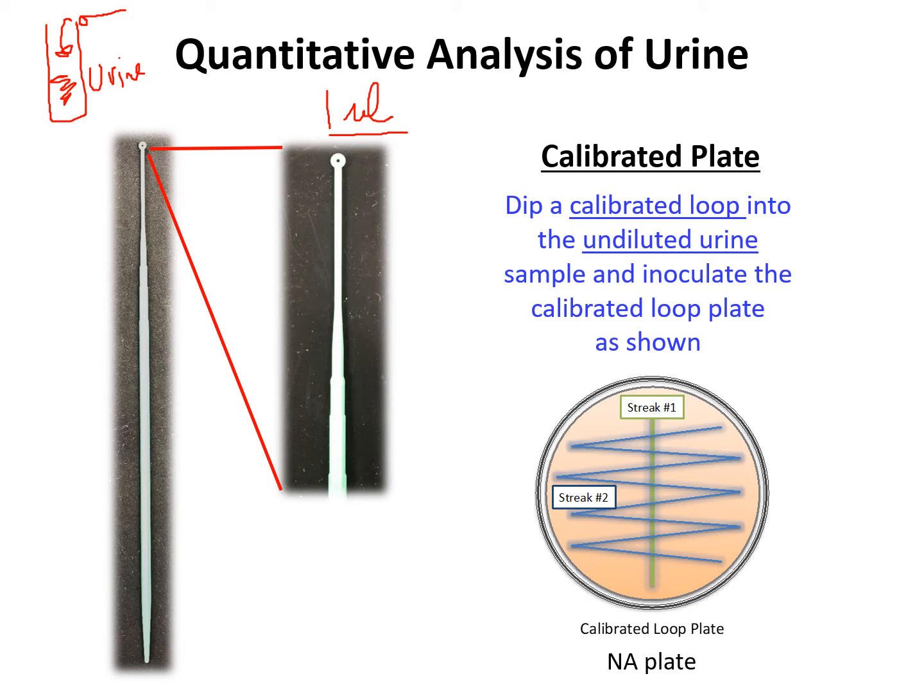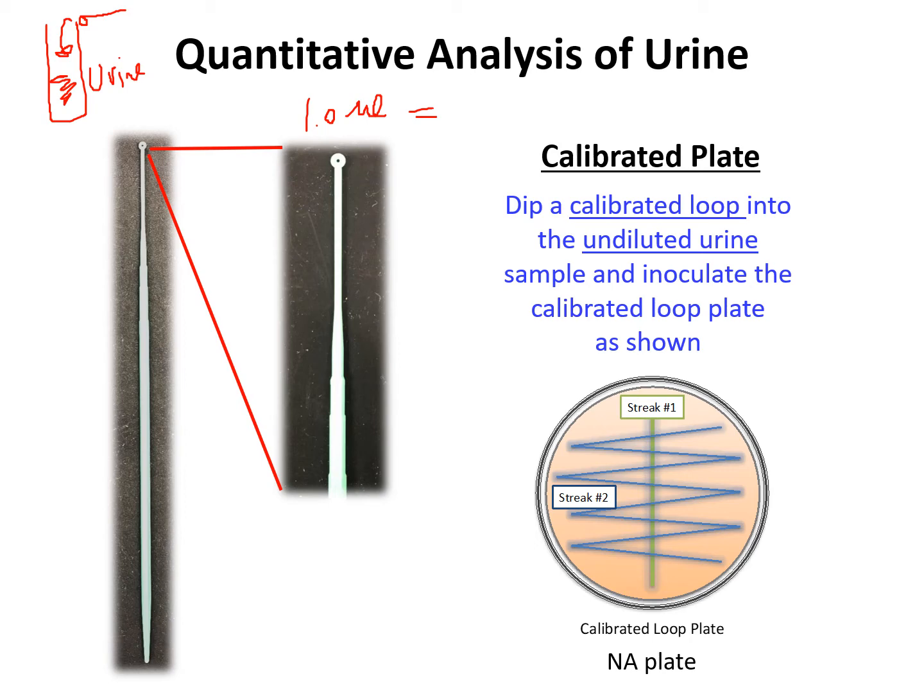Now, what is 1 microliter in terms of milliliter? Well, you're going to divide by 1,000. Let me write it a bit better. As I said, it's going to measure 1.0, or 1, microliter of urine.